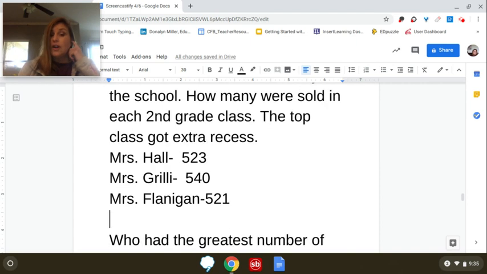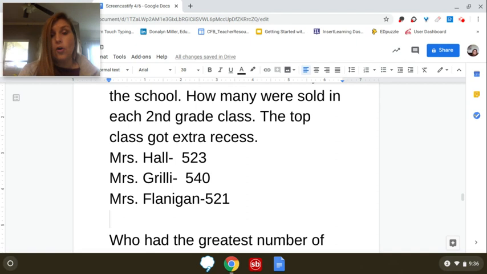First off, they're all in the 500s. That's the first thing that we can notice. So we are going to have to look at their tens place. When we look at the tens place, we have 20 in Miss Hall's, we have 40 in Miss Grilly's, and we have 20 in Miss Flanagan's.